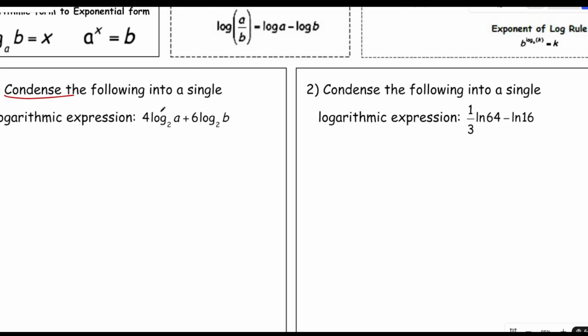To condense, you first have to move these exponents up, and then addition becomes multiplication. Another condense, so I gotta move this 1/3 up.